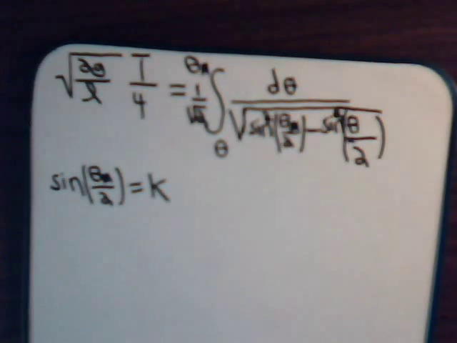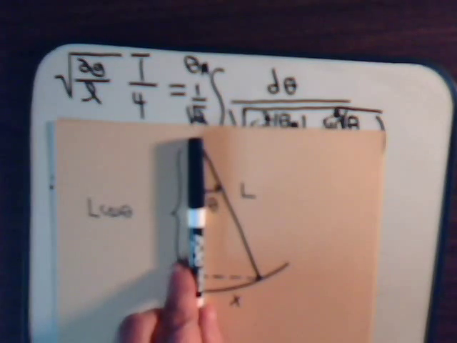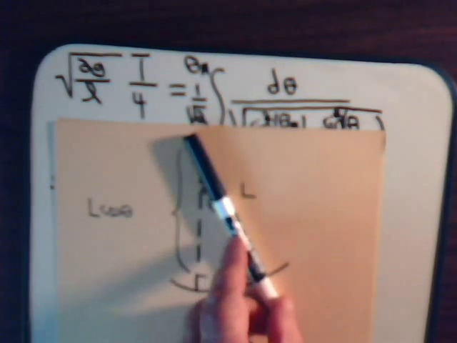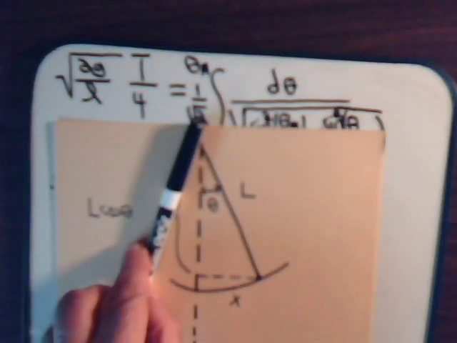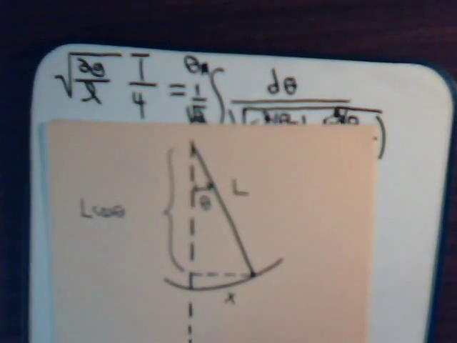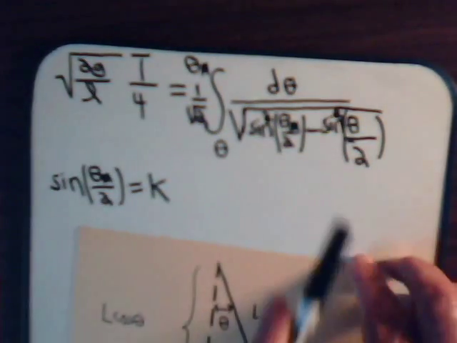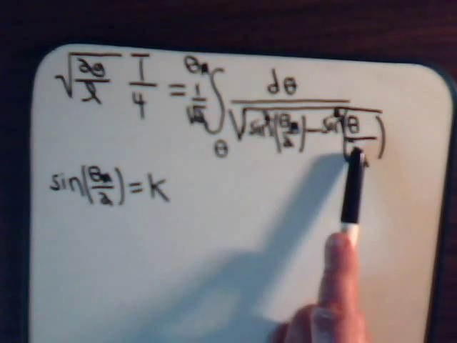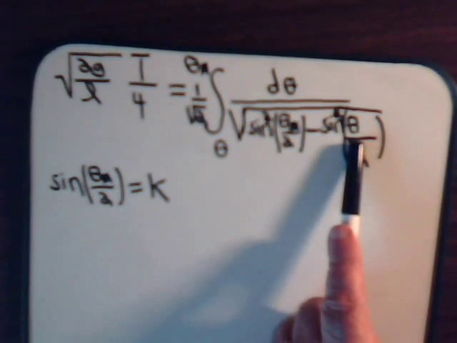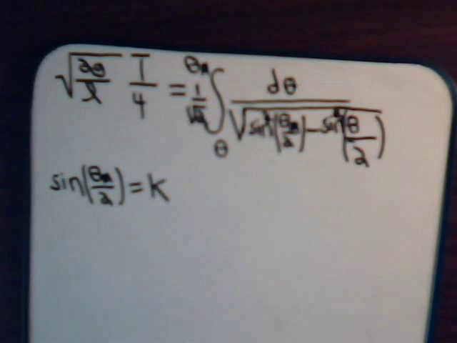Okay, now, the pendulum is swinging. Then it reaches its maximum displacement and then swings back in the other direction. So the sine of theta over 2, the largest value this can have is when theta becomes theta m.